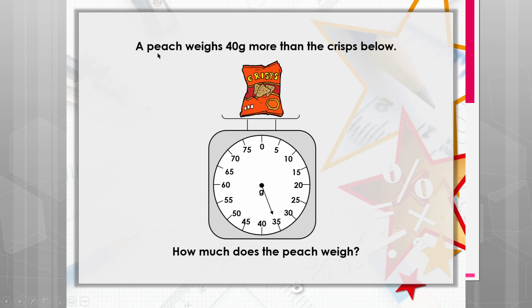And the peach weighs 40 grams more. So to answer this question, first of all, here it's 35 grams, and then we would have to add 40 grams to it. And our answer would be 75 grams.